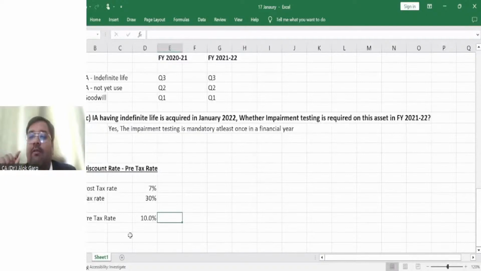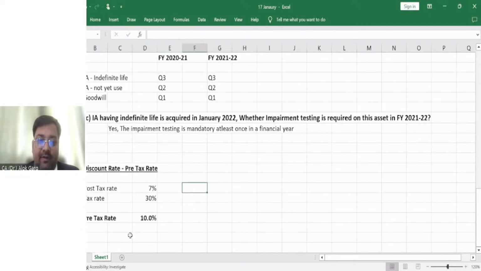It means 7 is equivalent to 70% only. If 7 is equivalent to 70%, then the full value is 10%. So this way, you can compute your pre-tax rate: 7 divided by 70% gives you the 10% pre-tax rate. Clear? So you have to use this pre-tax rate for all the calculations of value in use.